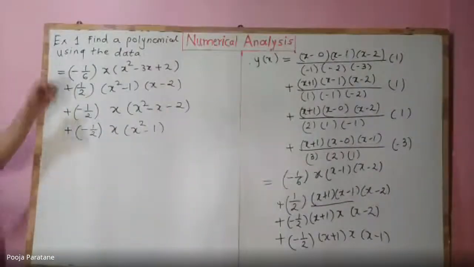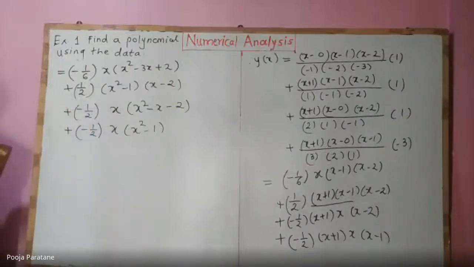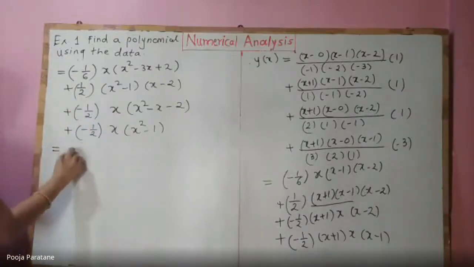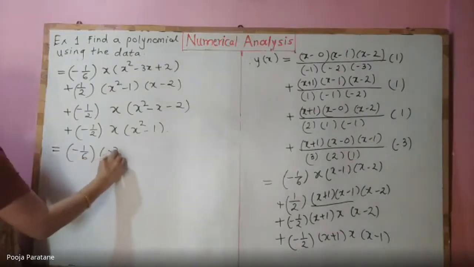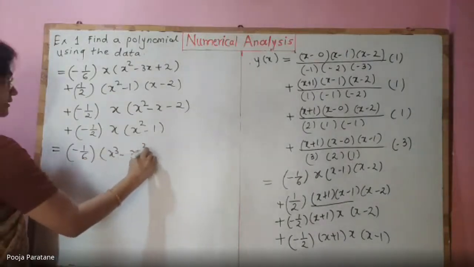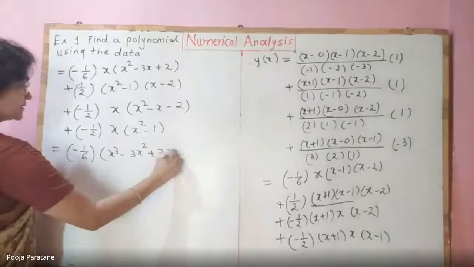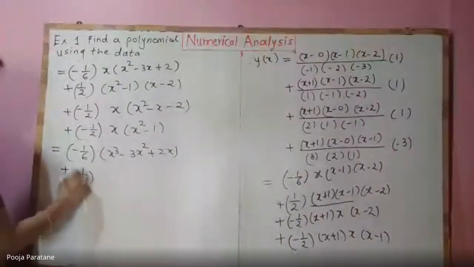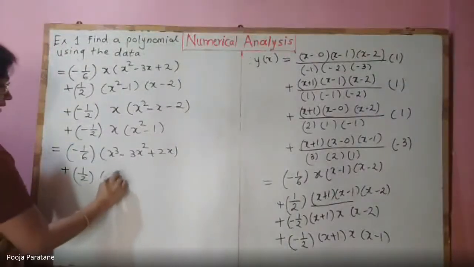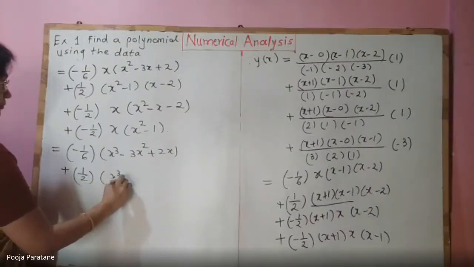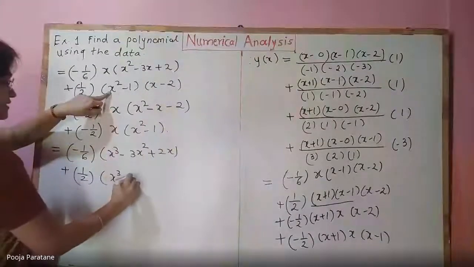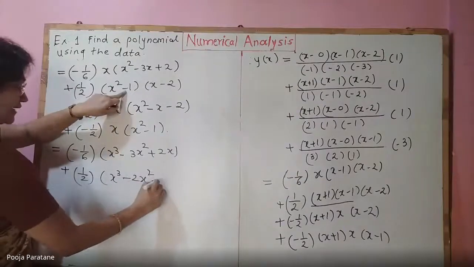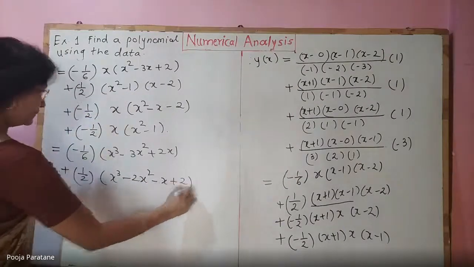Okay, so now the remaining multiplication I will do here. So this is minus 1 upon 6 into x cube minus 3x square plus 2x, plus 1 upon 2, and here it is x cube. So I am multiplying x square to this bracket: x cube minus 2x square, then minus x plus 2.